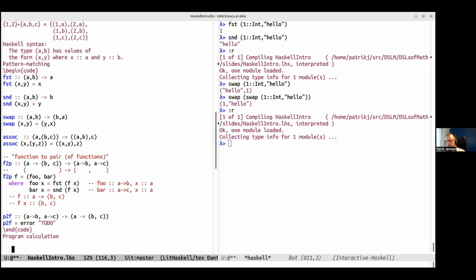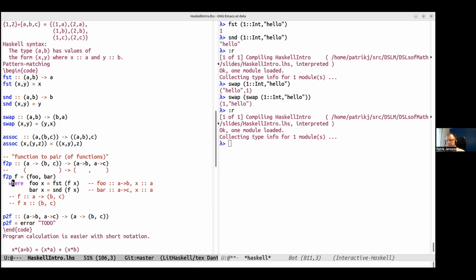Just as you can do x times a plus b equals x times a plus x times b, the distributive law, these kinds of calculations can also be done with programs in Haskell. And it's easier to do calculations if the programs are short. Program calculation is easier with brief notation, I could say.